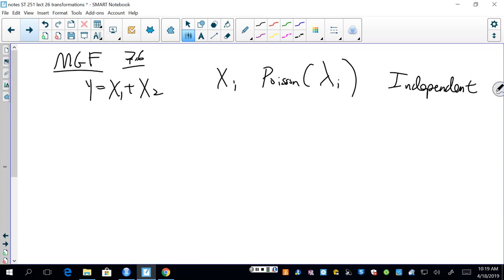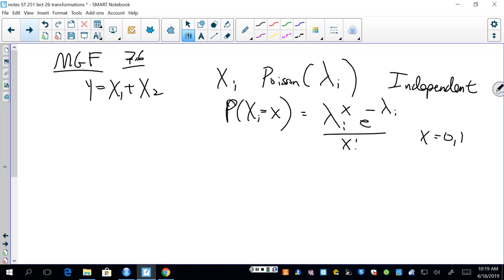The probability that Xi equals some value x is lambda i to the x, e to the negative lambda i, over x factorial, and the values that a Poisson count can take on are the non-negative integers. And if they're independent, we're adding them together. Well, what is Y? What is this probability distribution? What are exactly the details of everything going on there?